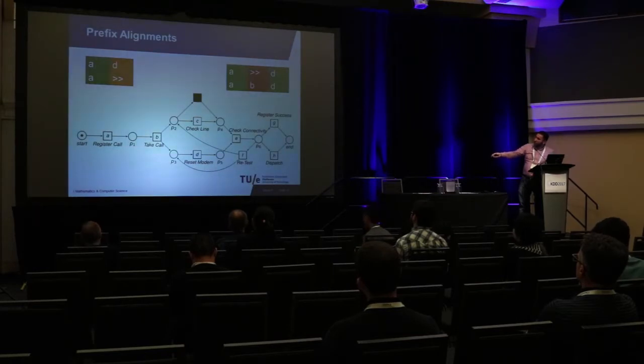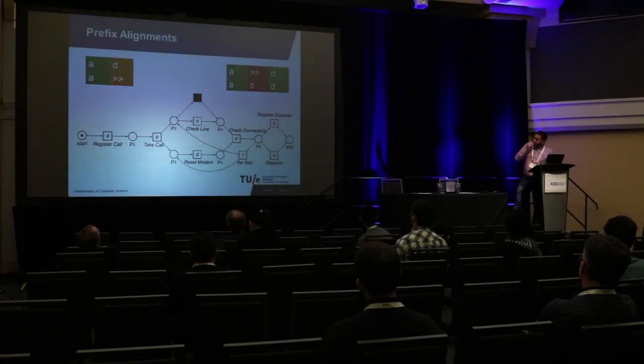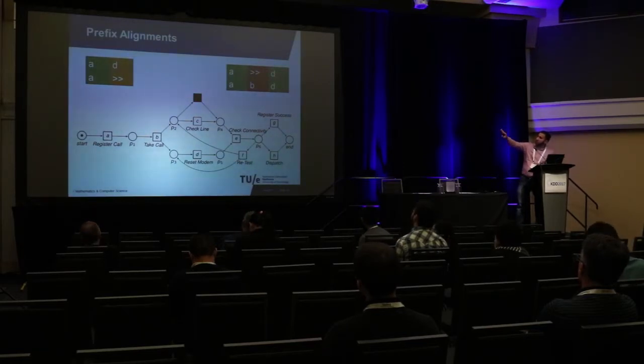Then the solution would be to simply make a model move where we skip D, or we can do that in two ways: either by making this model move, or by doing this label move. In this case, we show also that we can have multiple prefix alignments of the same trace. They have the same cost, because in both cases we have one non-green column.